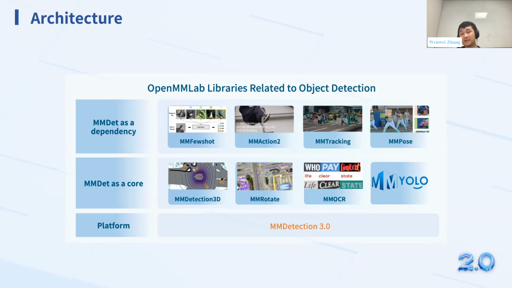And we also released MMYOLO this month, which is based on MMDetection 3. Also, there are other libraries that import MMDetection as a dependency, including few-shot, MMTracking, MMPose, and MMAction 2, for few-shot learning, action recognition, multi-object tracking, and pose recognition, respectively.